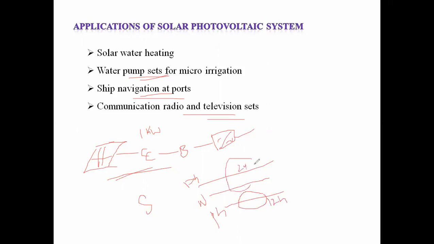This one we can use for domestic home appliances, and this one we can utilize for street lights and highways. This line is operated in the substation itself.